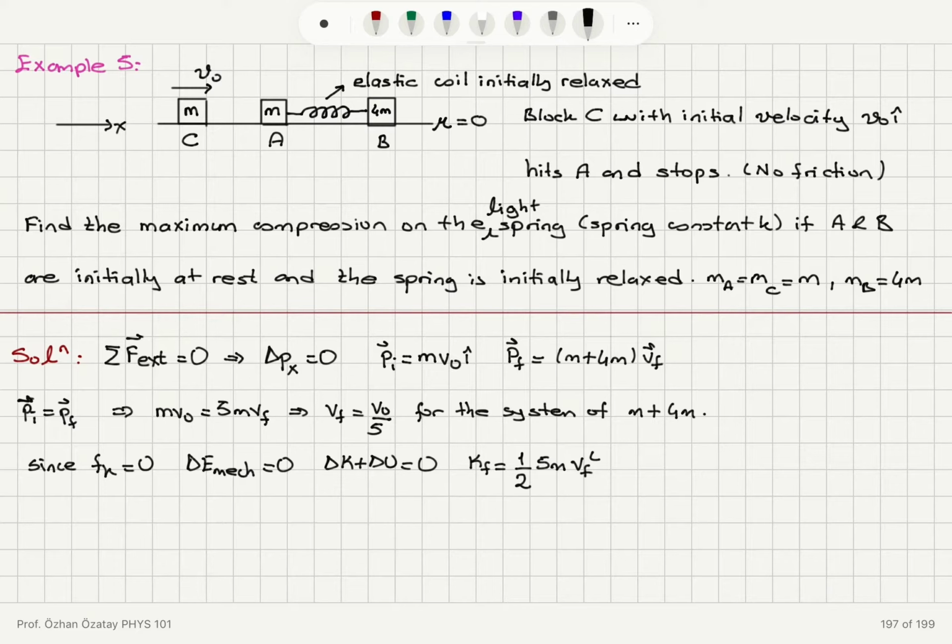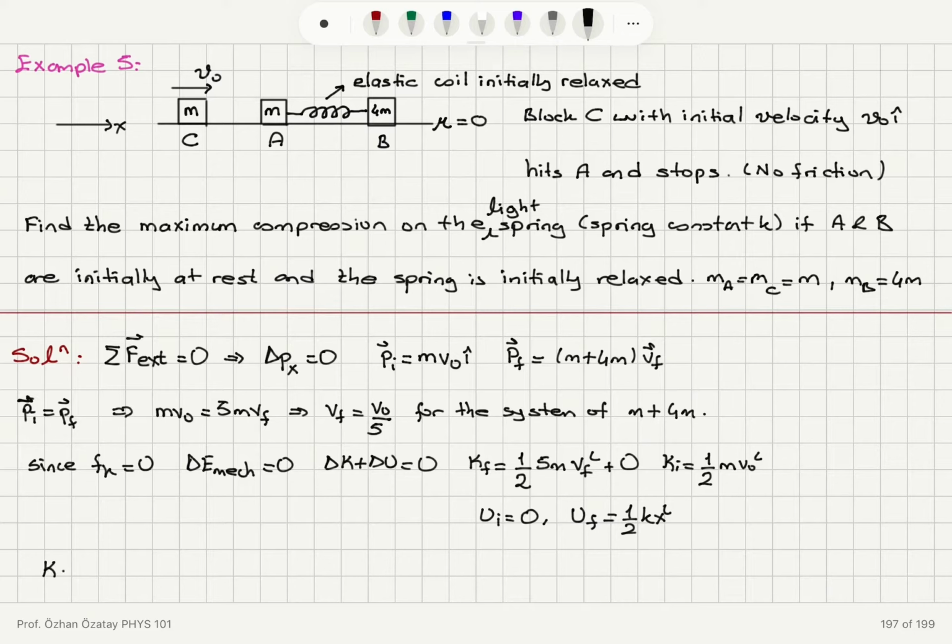The other one, particle C, has no final kinetic energy. The initial kinetic energy is 1/2 m v0 squared. The initial potential energy is 0 because the spring was relaxed. The final potential energy will be 1/2 kx squared, the potential energy stored in the spring.